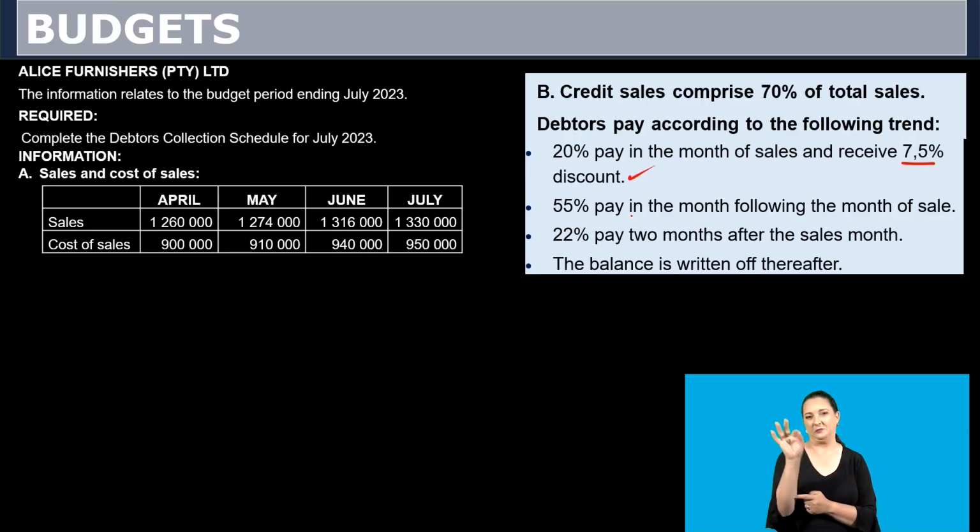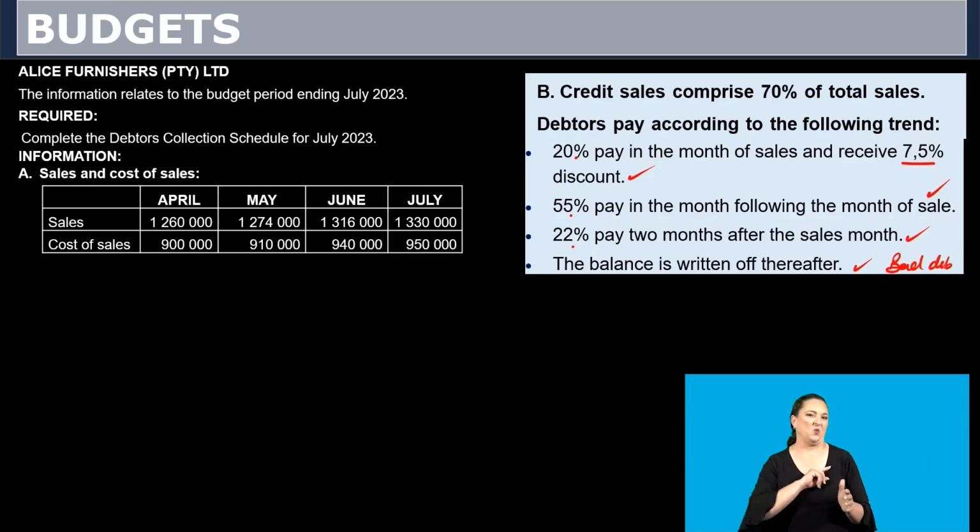Then 55% pay in the month following the month of sale. Then 22% pay 2 months after. This is very important. And the balance is written off. So to get the balance that is written off, you simply say 100 minus 20 minus 55 minus 22, and it will give you the amount that will be written off. Remember, this is bad debts.